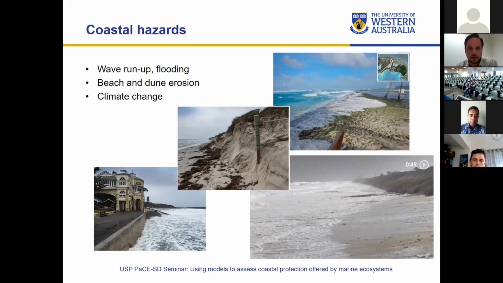And of course, there's the climate change effect. So sea level rise, as you're probably all aware, is a challenge. How we're going to deal with that, and how we're going to make sure that we stay safe. And also the change in storm intensities, for example. So there's a lot of discussion.